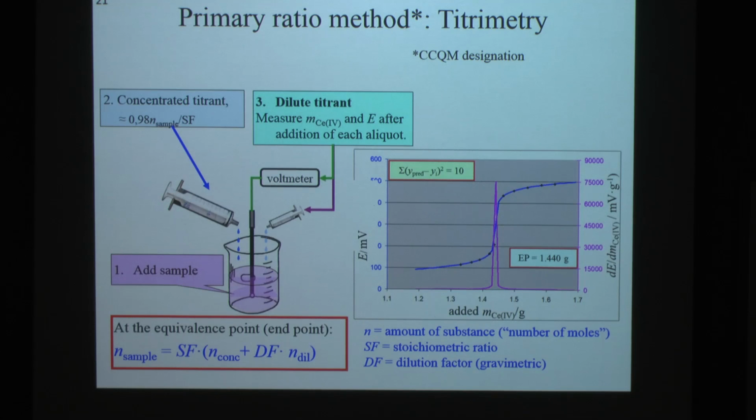It can be a platinum electrode for an oxidation reduction titration. And you get an endpoint curve, and then you model. The blue is a model minimizing the scatter of the experimental points, and then you can calculate the derivative and get where the endpoint is. And if you know the reaction that takes place, that gives you the stoichiometry. The dilution factor is the ratio of the amount content of this one to this one, because you've diluted. This is lower than this.